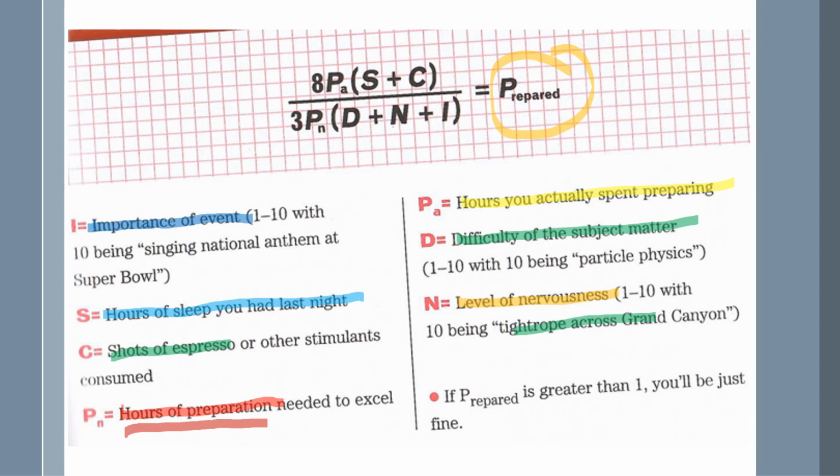So if P, prepared, is greater than 1, I'll be just fine for my test. So if all your calculations come out over just 1, the integer 1, guess what? You're good for your test. So I may let you guys try this out for yourself to see how you prepare for another quiz or something like that, dealing with polynomials, factoring in particular. All right?